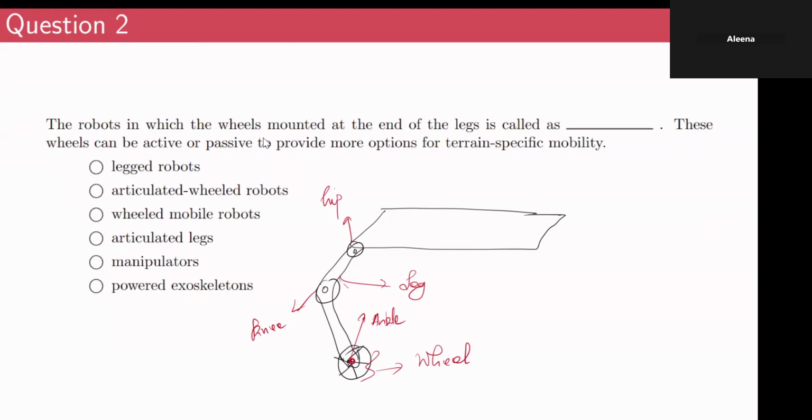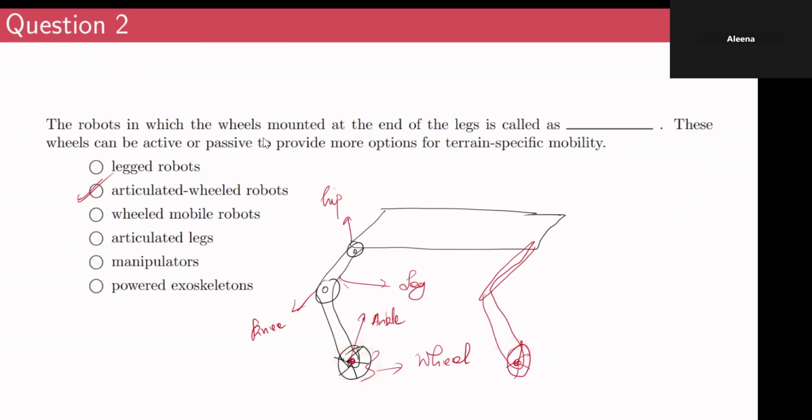And no, this is not a legged robot. This is actually an articulated legs action. Robots in which wheels are mounted at the end of the legs. We probably have discussed this in the first week. Sorry, it's articulated wheeled robots. Right? Because if this robot encounters a very smooth surface, its legs would remain locked, and it can move using these wheels at the end, right?